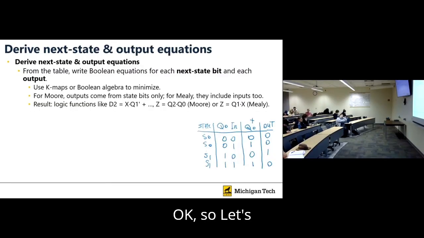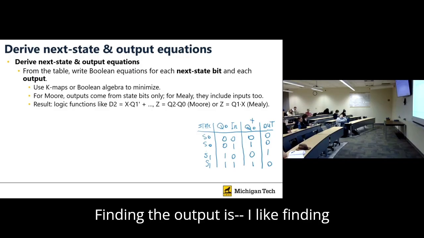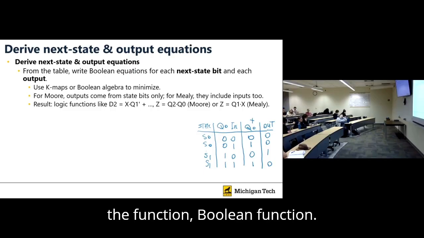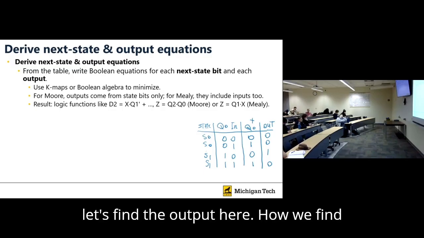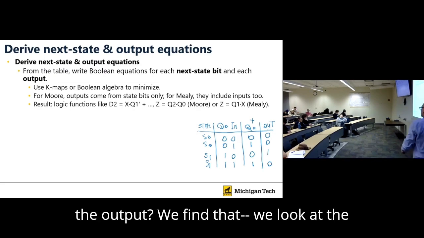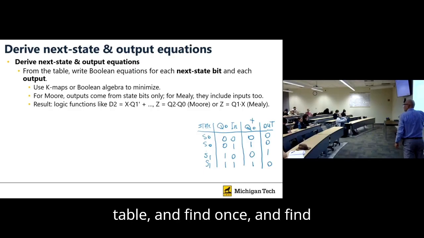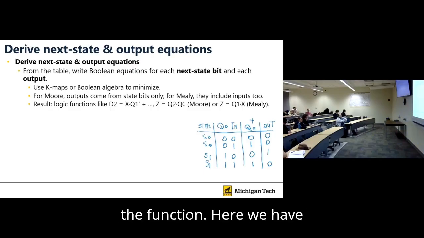Okay, let's go for the next step. The next step is finding the output. Finding the output is like finding the Boolean function. For the sequential detector, let's find the output here. How do we find the output? We look at the table and find the ones and find the function.